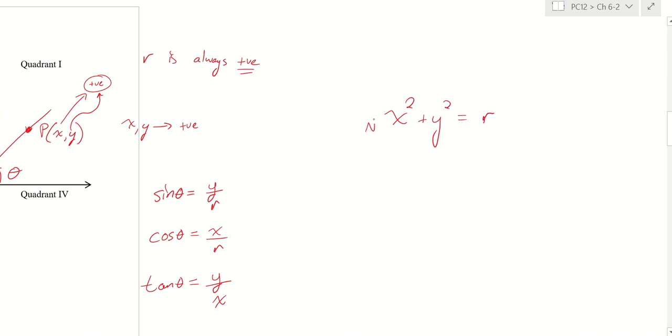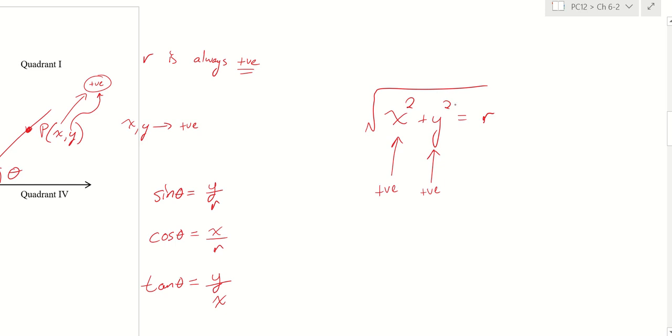r is really just the square root of x squared plus y squared. X squared is always going to be positive or 0. Y squared is always going to be positive or 0. Because even if y is negative, you square it, it becomes positive. Even if x is negative, you square it, it becomes positive. And so r will always be the sum of these two positive numbers, or in some cases x will be 0, or in some cases y will be 0.